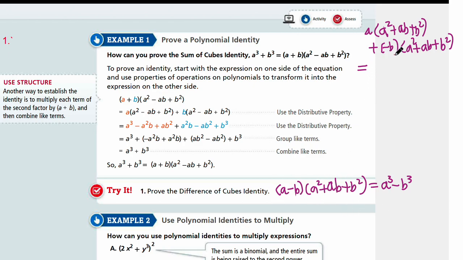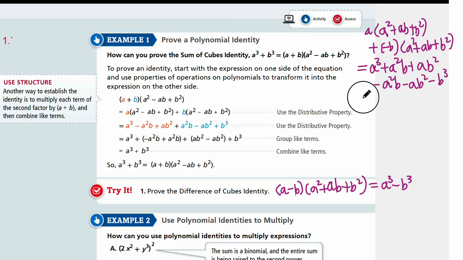It should be an identity, right? They should be equal. So using the distributive property, you can write that it's a cubed plus a squared b plus ab squared minus a squared b, and then minus ab squared minus b cubed.